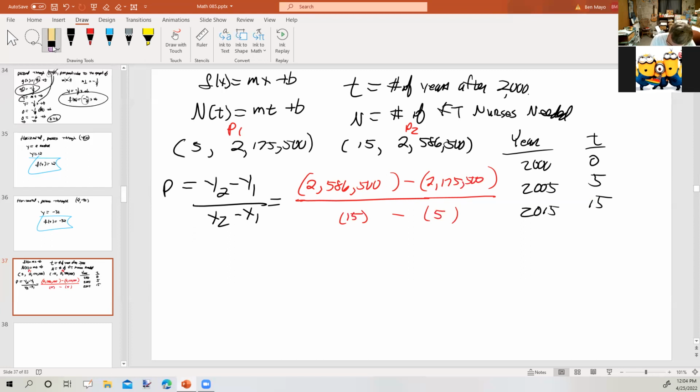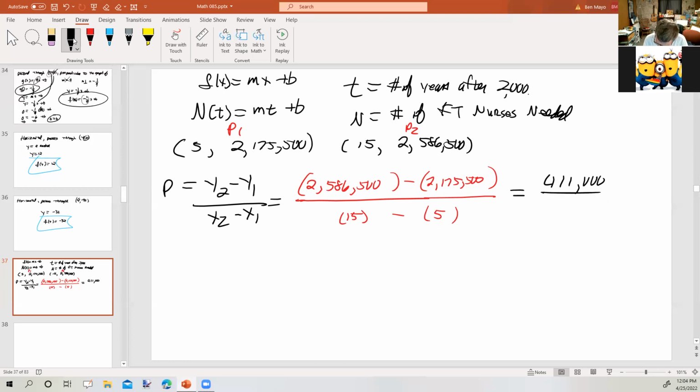So 2,586,500 minus 2,175,500 is 411,000, divided by 15 minus 5, which is 10. That's going to give us 41,100. So the slope is 41,100.